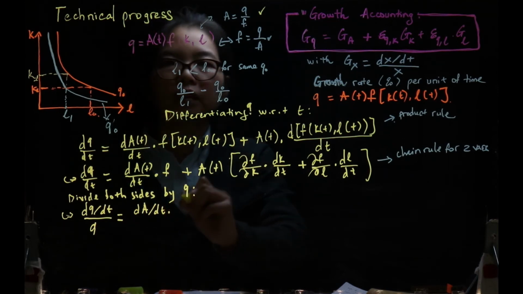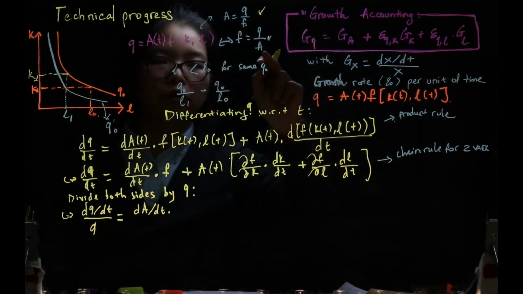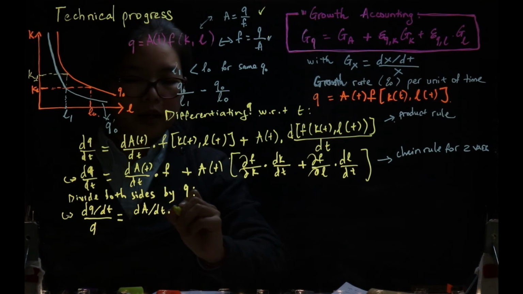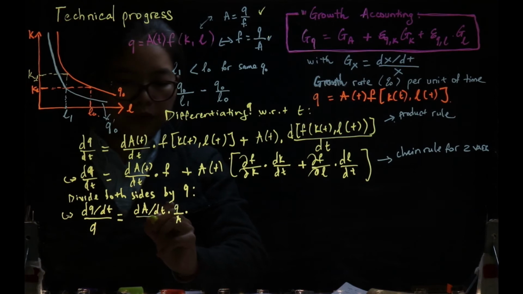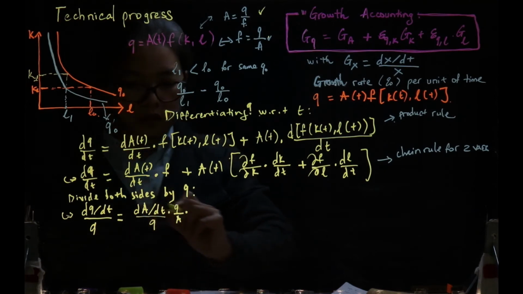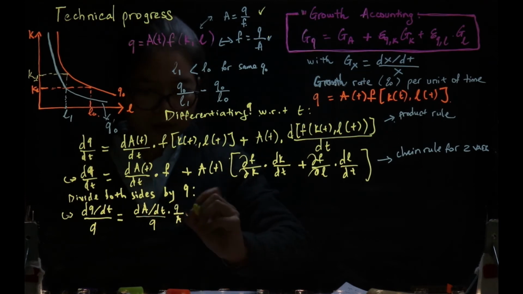times F. Here I use the first thing, F equals Q over A. So that is Q over A, and then divided by Q, right? Don't forget that. Okay, that's the first thing.